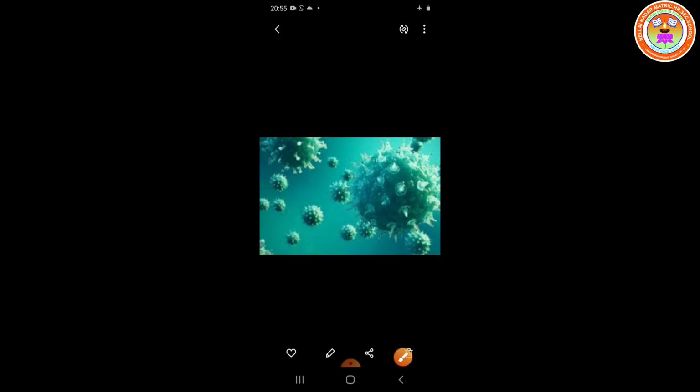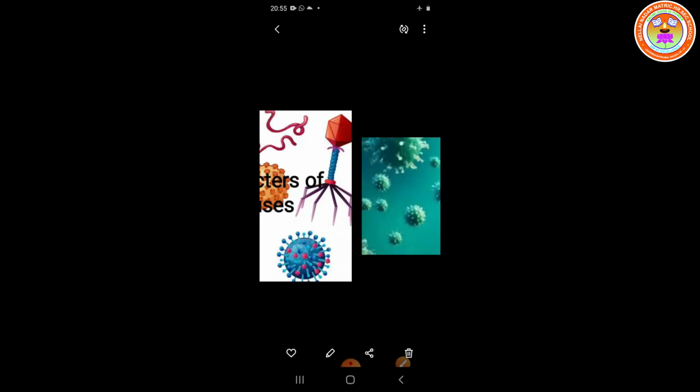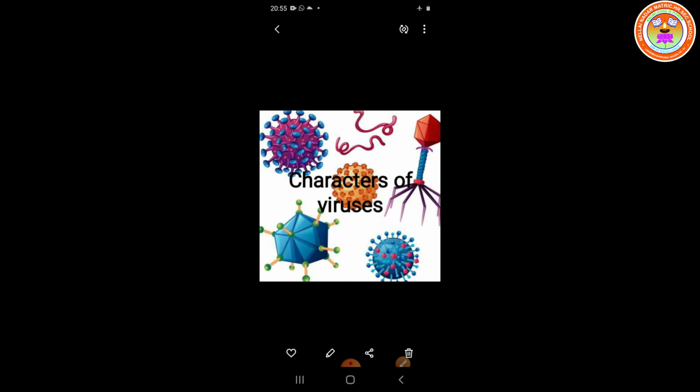They can live in plants, animals, human beings and even bacteria. They can be easily transmitted from one host to another. Now the characters of viruses. Viruses exhibit both living and non-living characters.